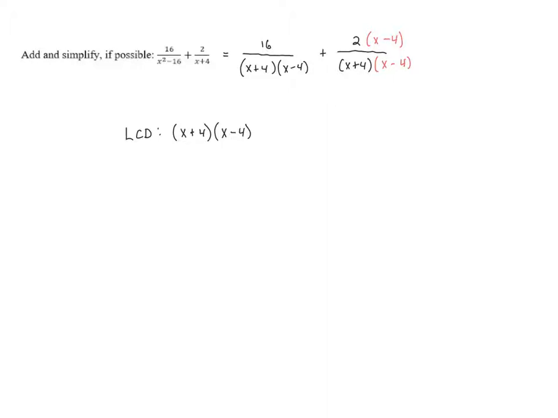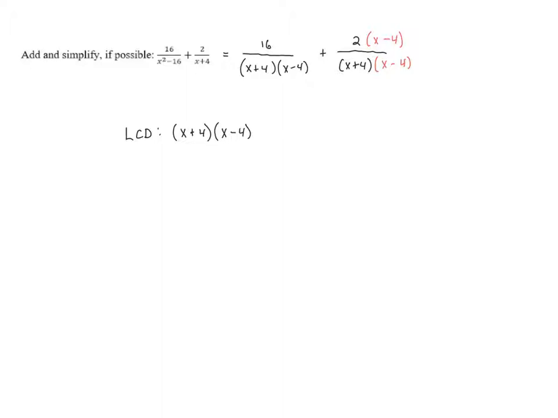So in this case, we multiply both the top and the bottom by x minus 4 to get our new fraction. I always like to write this using a different color so that it's clear what we started off with and what modification we made so that it had the LCD.